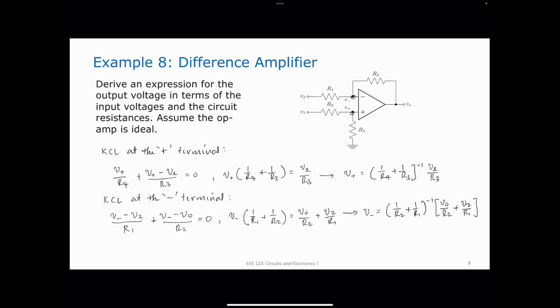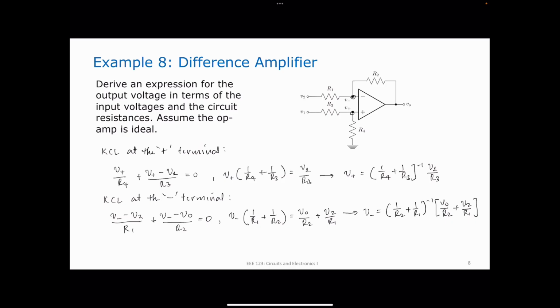But again, imposing the constraints, because this is an ideal op-amp, that V plus is equal to V minus, I can actually equate this to this, so that I can come up with an expression for V sub O in terms of V1 and V2.